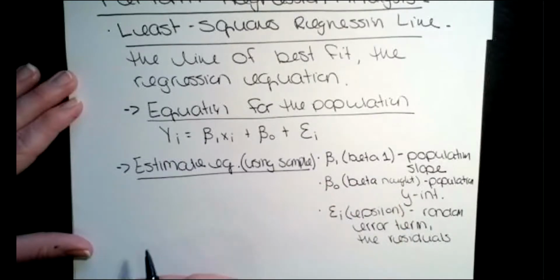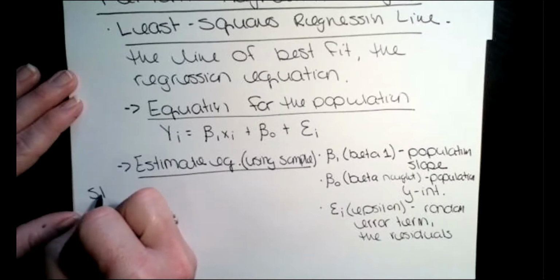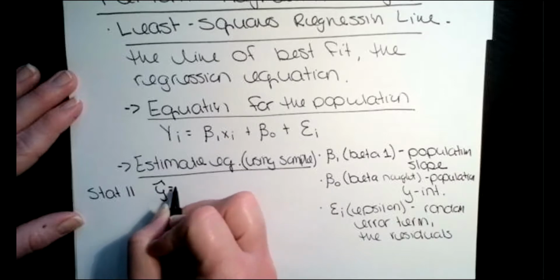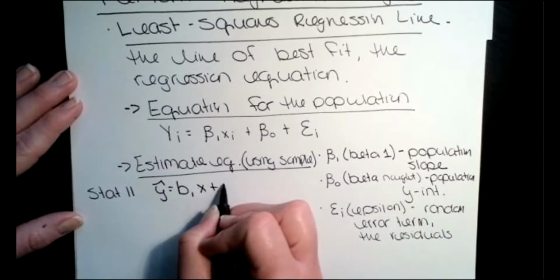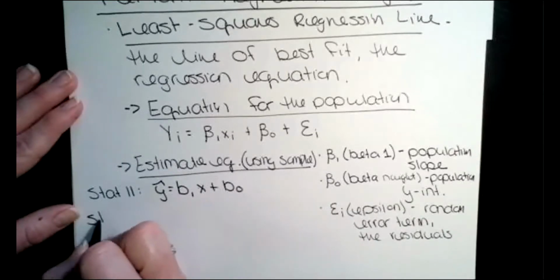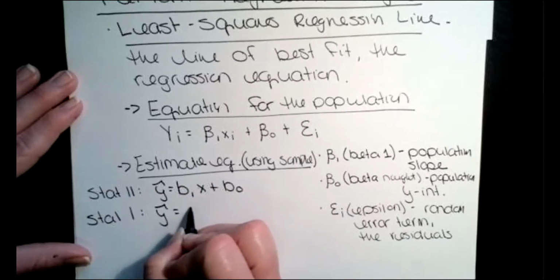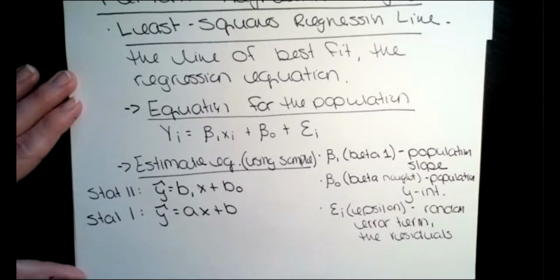So our estimate equation, here in stat 2, we're going to use y hat is equal to b1x plus b naught. But in stat 1, we used y hat equals ax plus b. So this should look familiar.